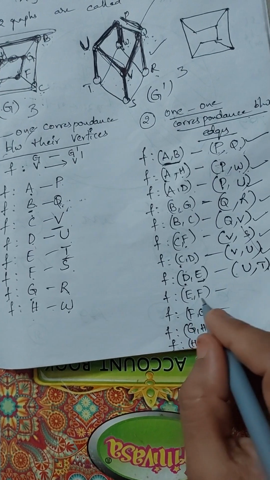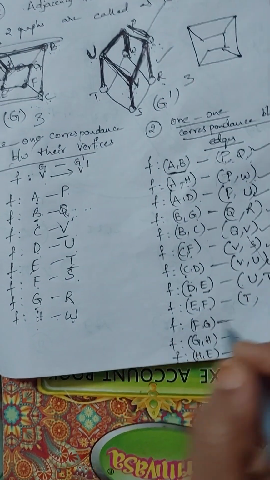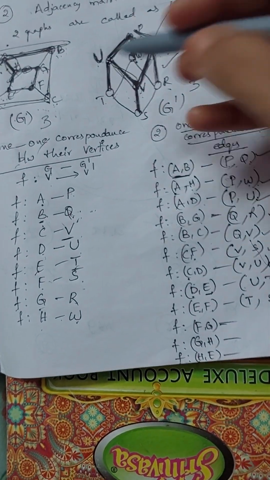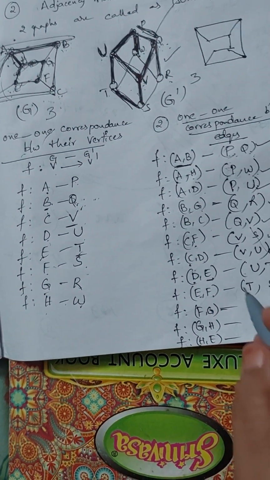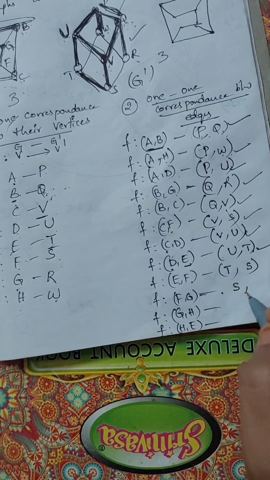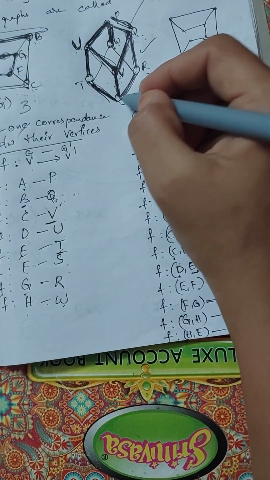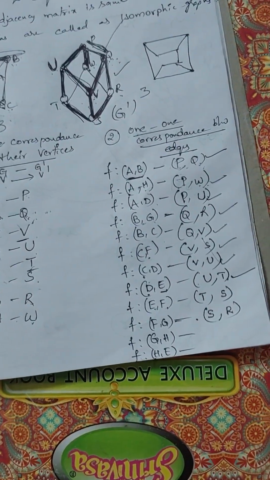Right. Next E to F. E is mapping with T, F is mapping with S. So compulsorily here also T to S is present. Right. Likewise F is mapping with S, G is mapping with R. So S to R is also present. So it is also a correct edge. Right.